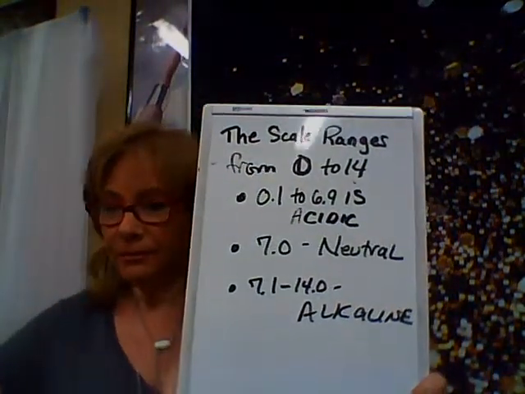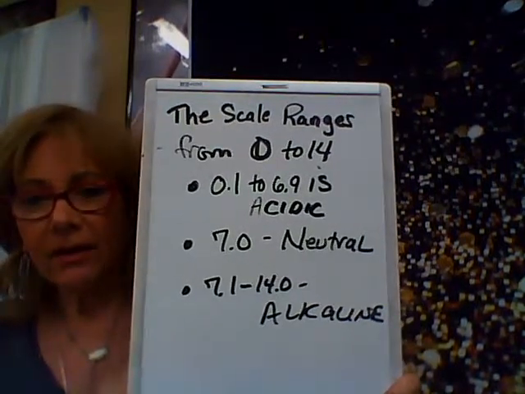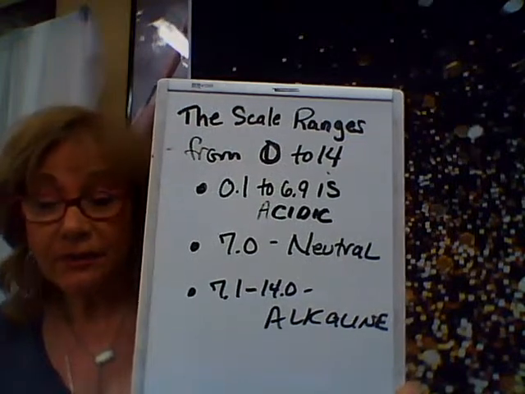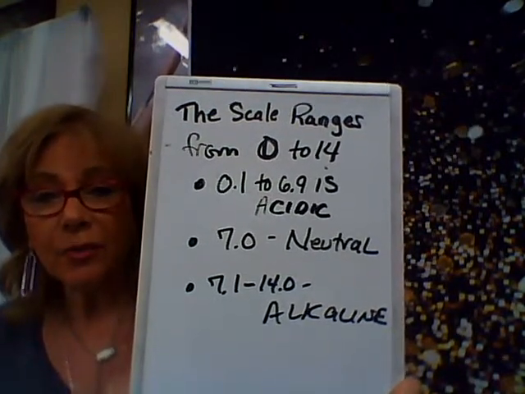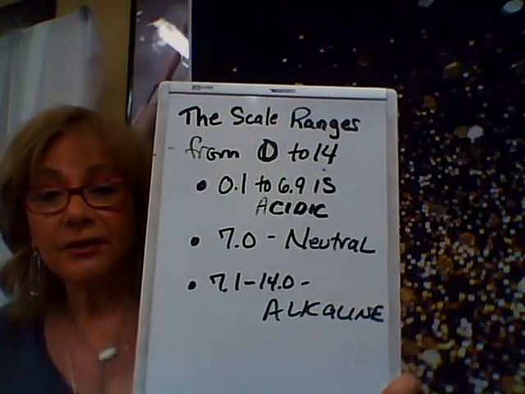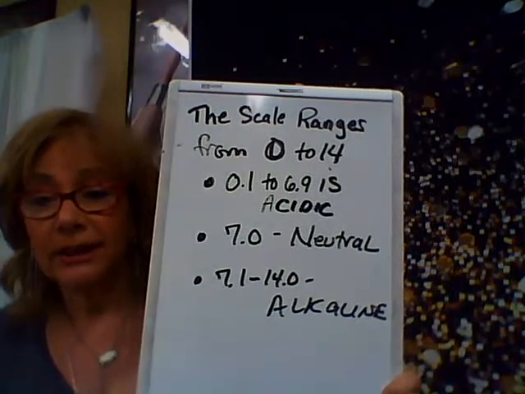And 7.1 to 14.0 is considered alkaline. Write that down. Okay. So 0.1 to 6.9 is acid, 7 is neutral, 7.1 to 14 is alkaline.